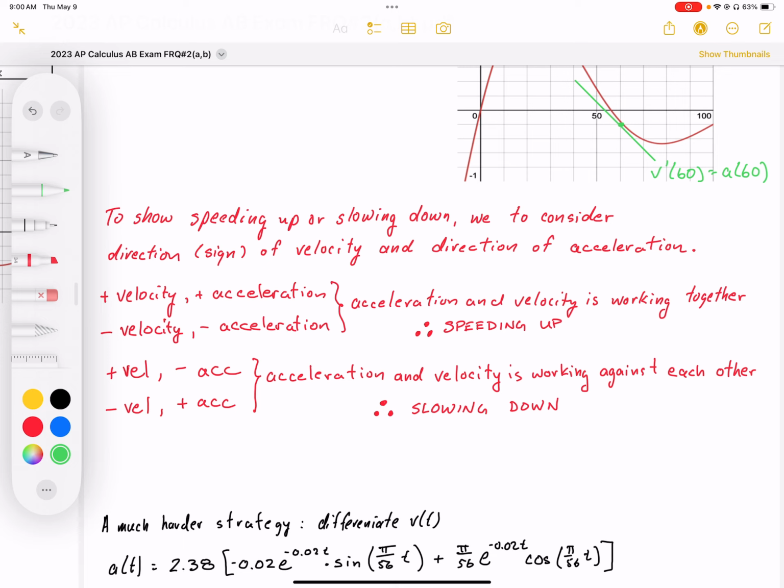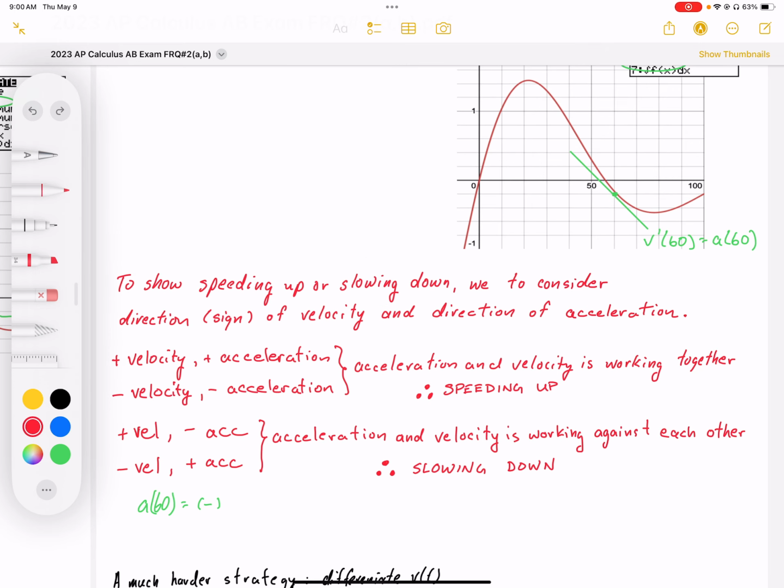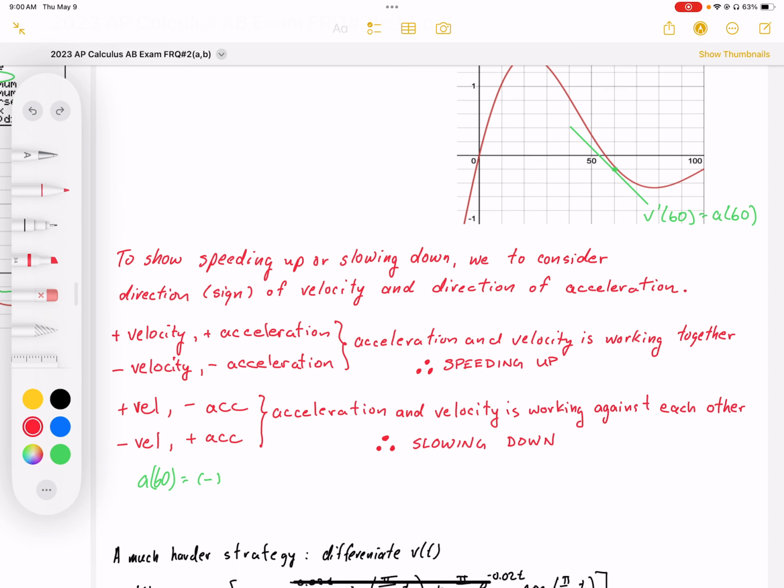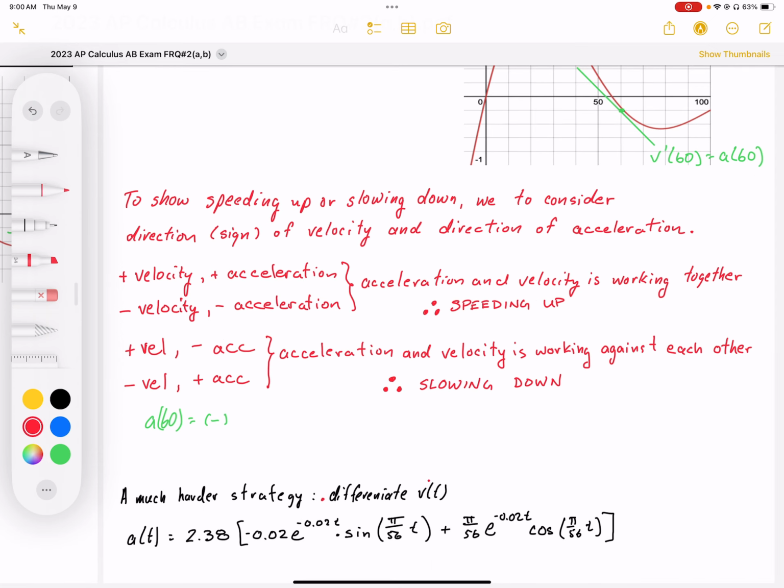So looking at the acceleration, a of 60 was negative, and looking at our v function, the y coordinate of v, although it looks like it's maybe negative 0.06, it really doesn't matter what the value is. We just know that v at 60 is going to be negative. So we have velocity and acceleration both negative.